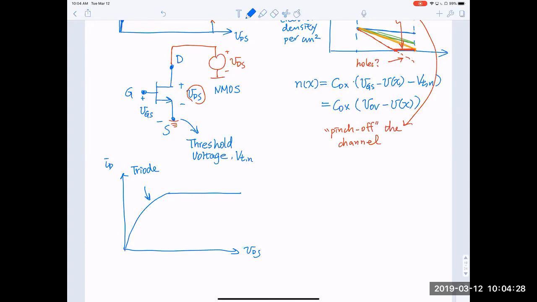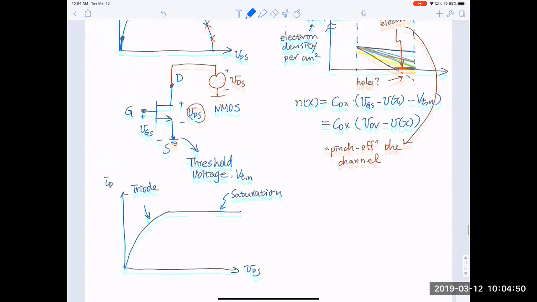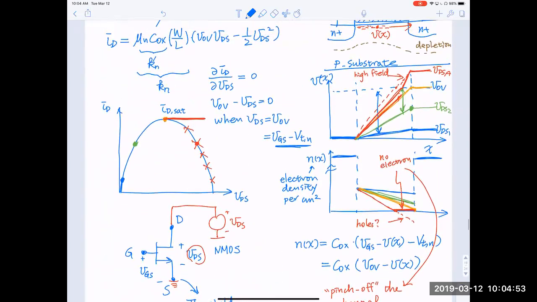Remember, the transistor was invented to replace the vacuum tube. So at the transition, it's very easy for people to keep using the vacuum tube terminology. And this regime is called saturation. Okay, we will talk more extensively about these two regimes.